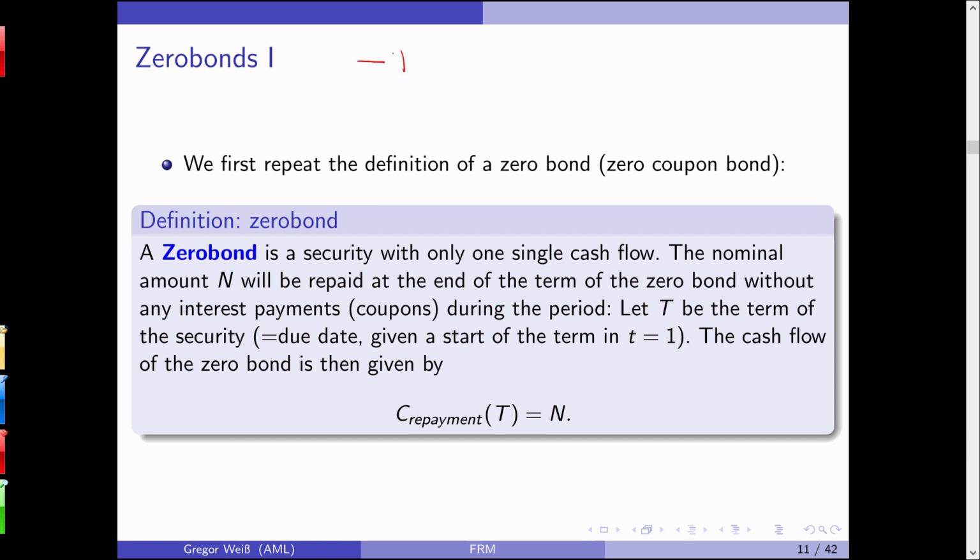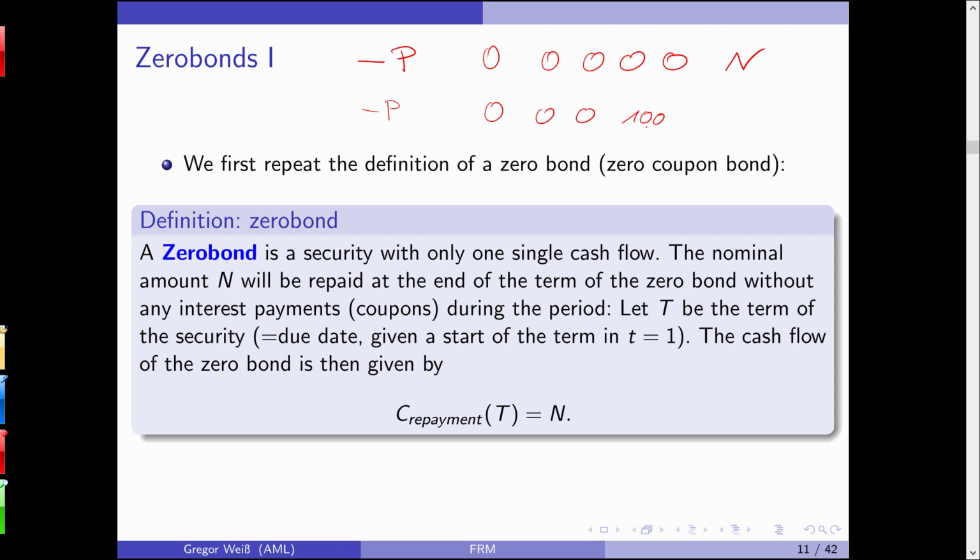So we have to pay a price P_0 and receive N. In many cases, you've seen this in other lectures with N being standardized to 100. So you'll have a price minus P_0, 0, 0, 100.